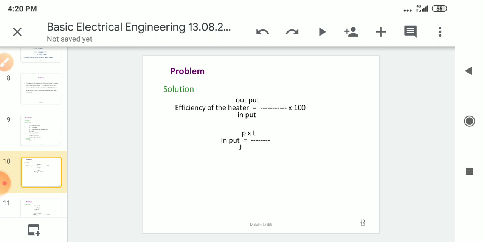Here, efficiency of the heater is output by input into 100.